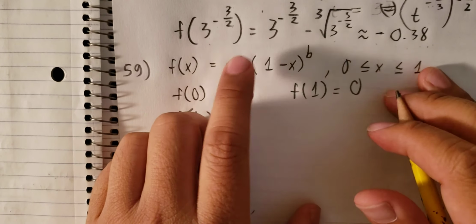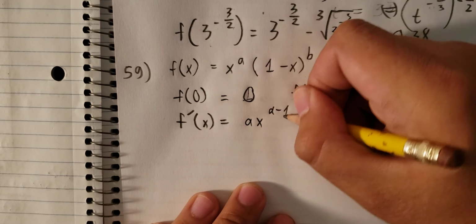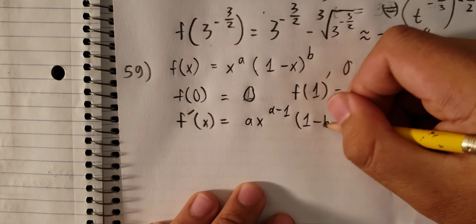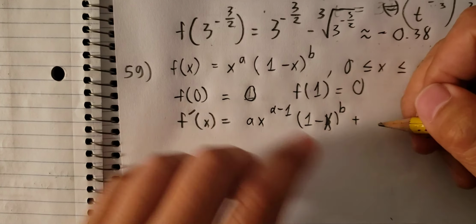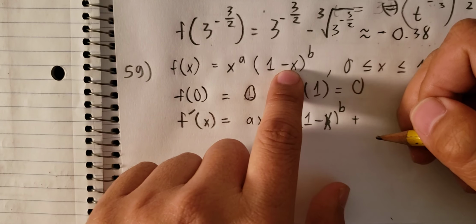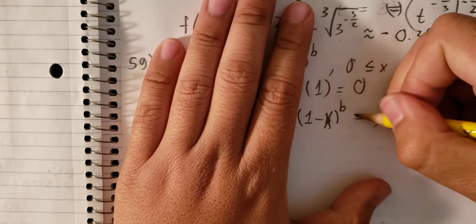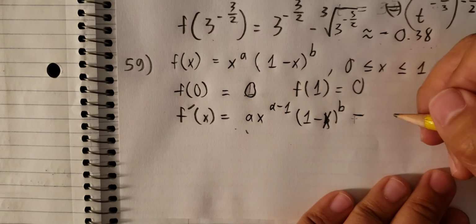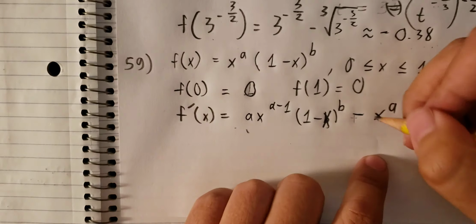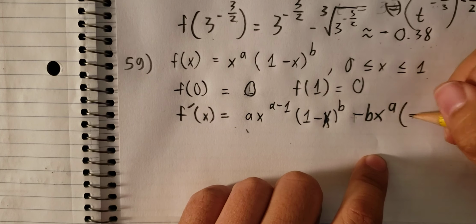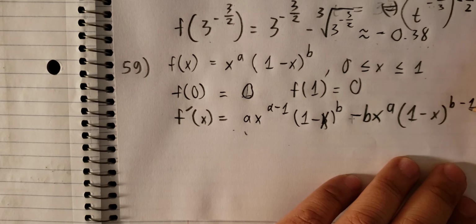The first derivative of s to the power a gives a s to the power a minus 1, times 1 minus s to the power b, plus, with the 1 minus s, you get the negative number, so that is minus s to the power a, you keep the same, and b you put here, times 1 minus s to the power b minus 1.